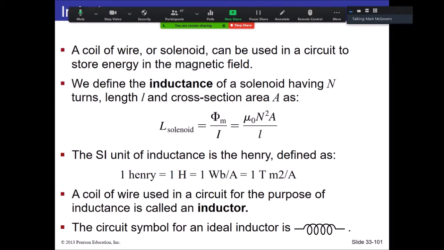Inductors are similar in the sense that it's a coil, and that's the means by which we produce a uniform magnetic field. And they don't necessarily store charge, but they do store it. In a way, you can almost say they store current.